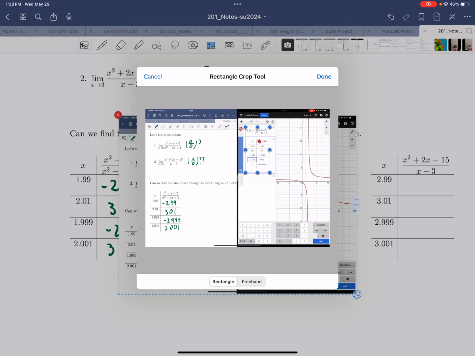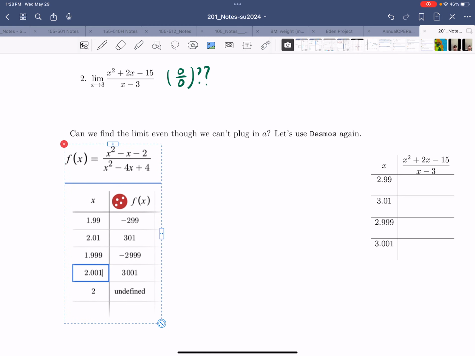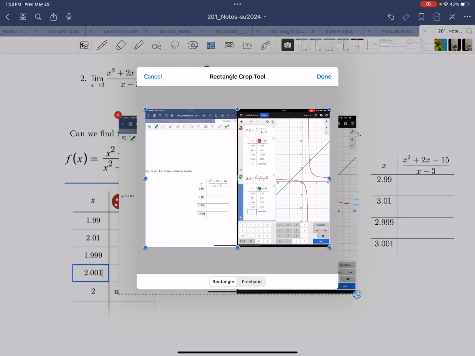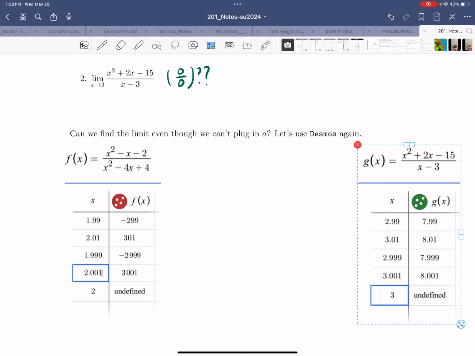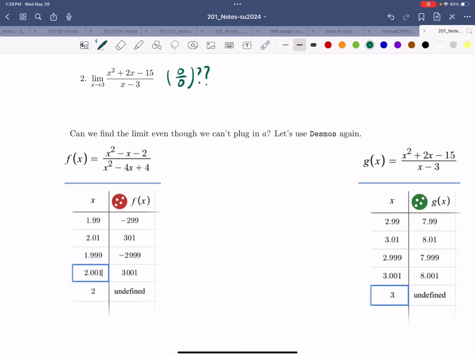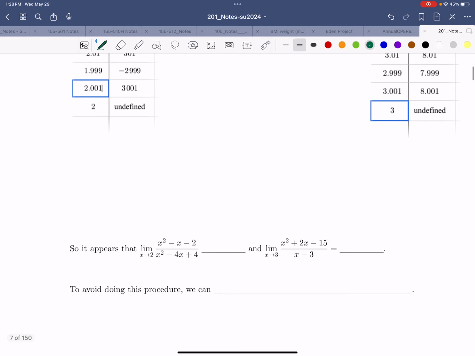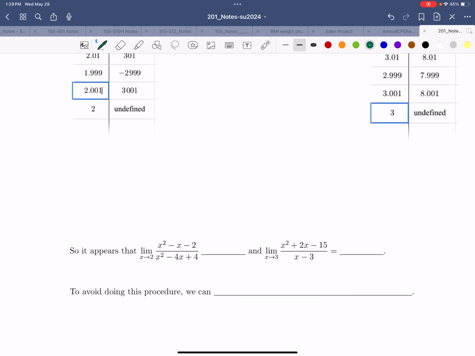Let me just crop the other one as well, the same sort of way. There, and something like that. It does appear that this limit does not exist, but that this limit equals 8.